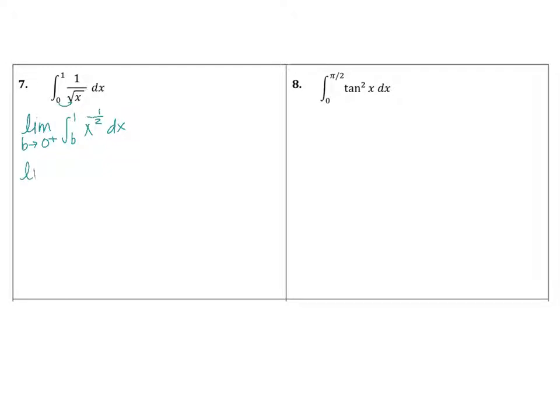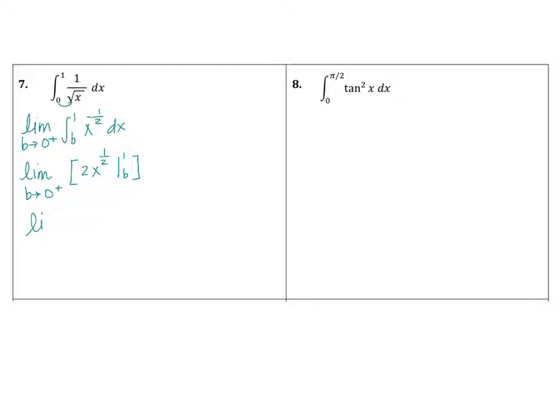So we're going to have the limit as b approaches 0 from the right of, and if I integrate this, I'm going to get 2x to the 1/2, and then that's going to have to be evaluated from 1 to b. And now we're ready to sub in here.